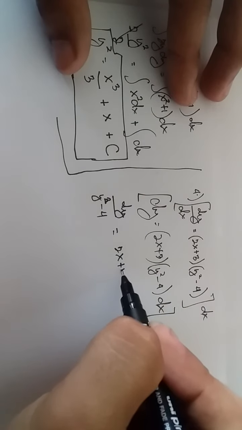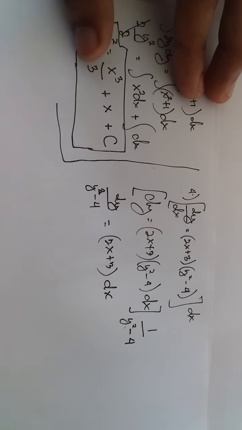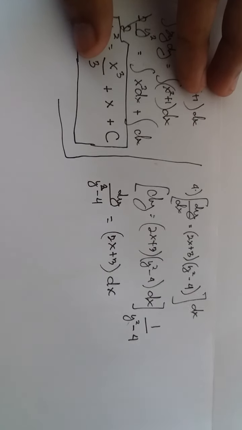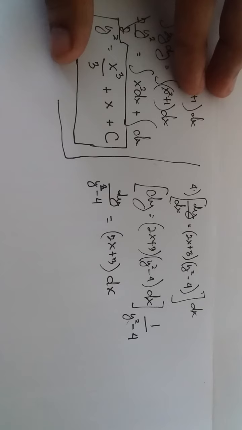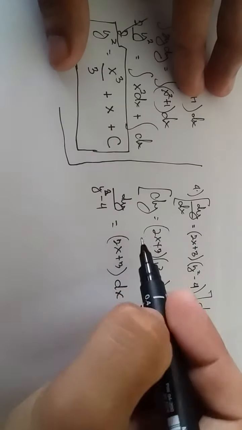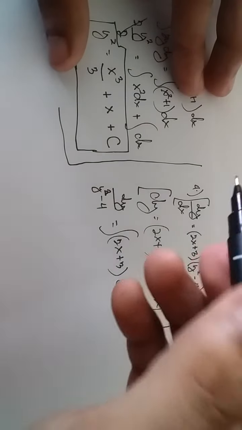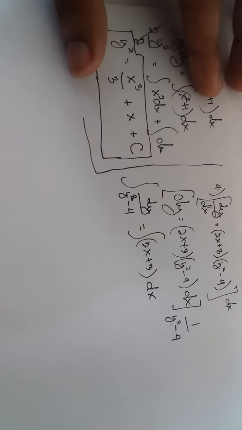That is equal to (2x plus 3) dx. Since the variables are already separated, we can now integrate both sides of our equation, the integral of the RHS and the integral of the LHS.